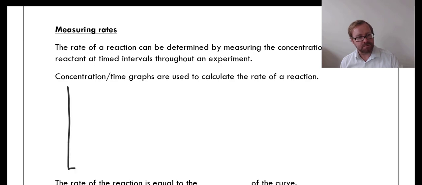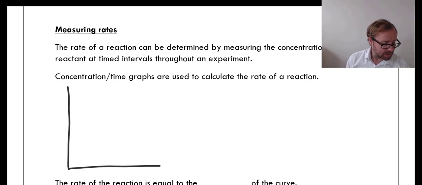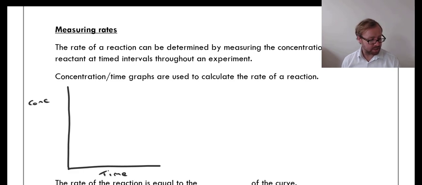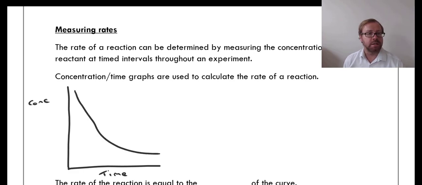Obviously you would be using a ruler, I am not. This axis would be concentration, and our axis down here would be time. We may plot our results from our experiment, and we get something that looks like this. So this would be a very basic example of a concentration time graph.